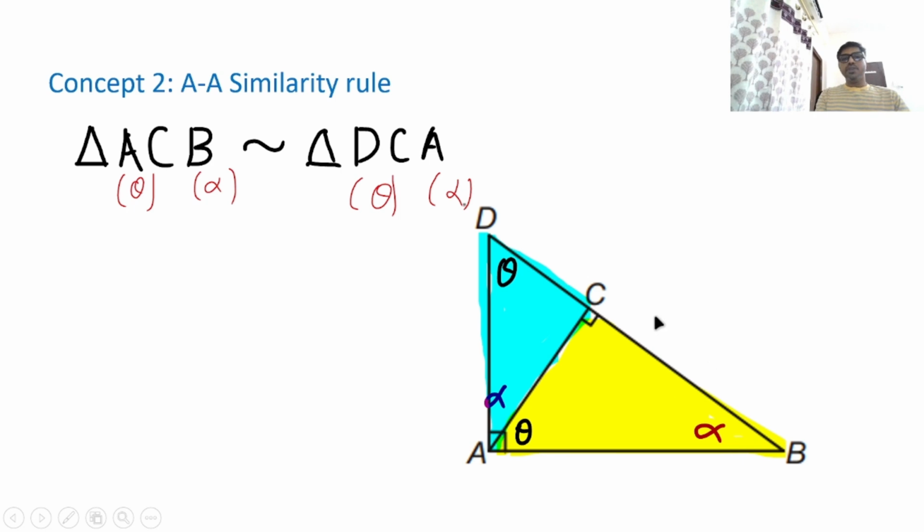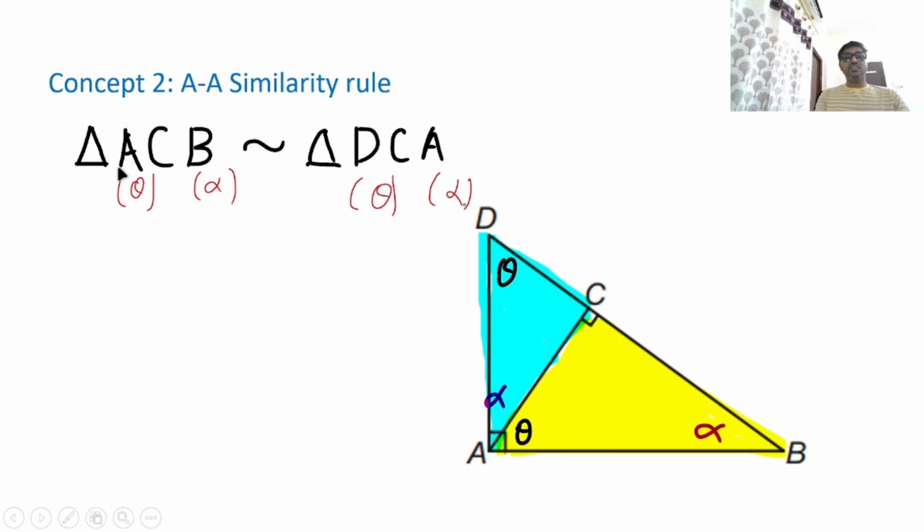Triangle ABC is similar to triangle DCA, and you also look at the order. So theta, 90 degrees, alpha; theta, 90 degrees, alpha. In the same order we have to write it. See, at A, in the lower triangle you have theta, and in the upper triangle at D you have theta.